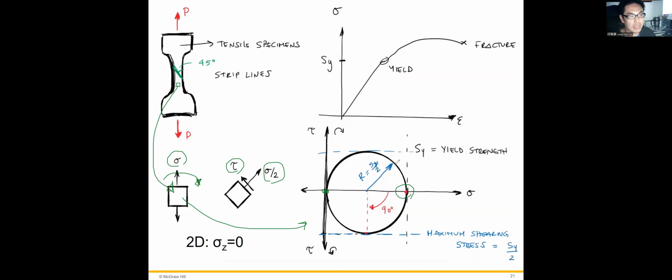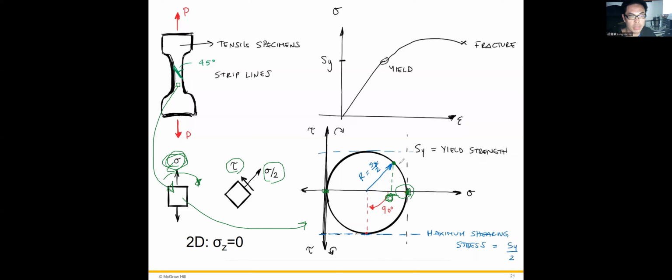Initially, this element has the normal stress sigma here. When the element is rotated by an angle, the stress reaches the maximum normal stress at this point.